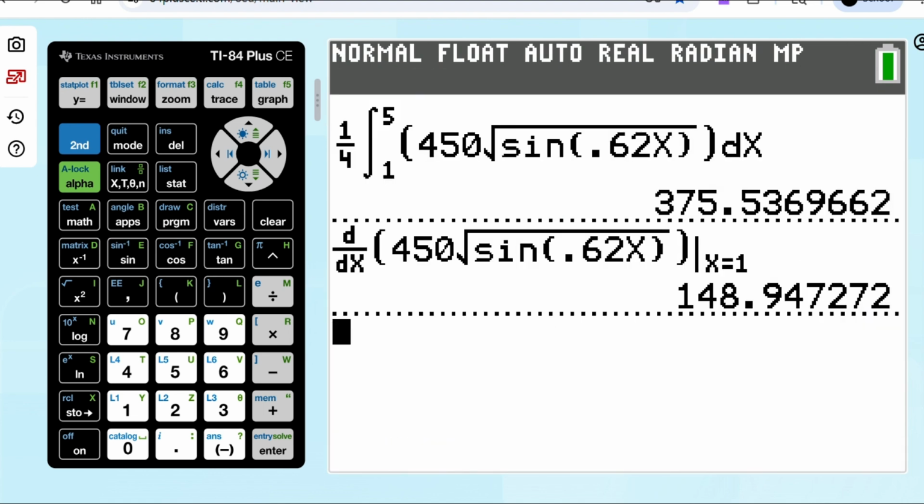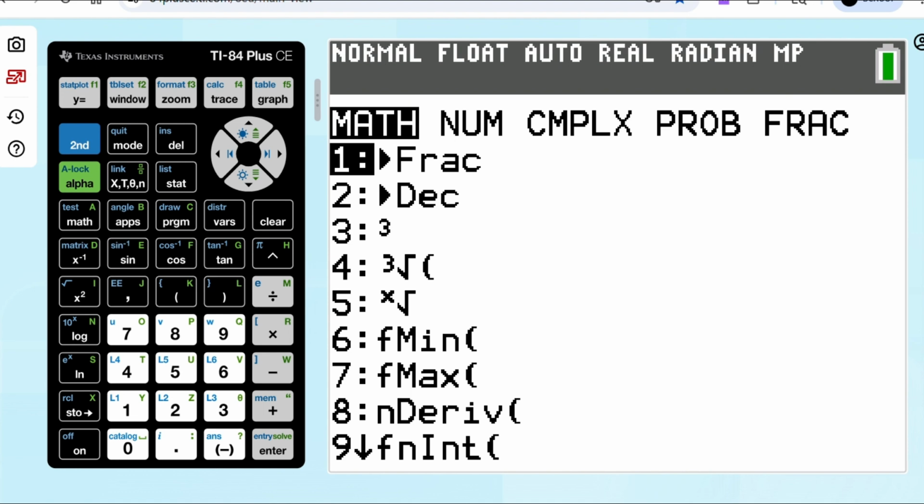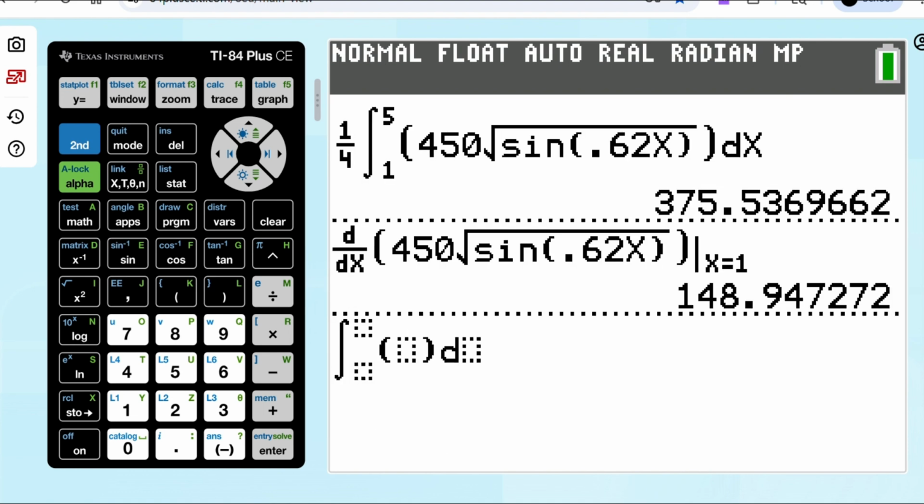We'll go back to our main screen. We'll hit math. We'll hit option 9 down here. And we want from a to b. So that was 1.4693713, I believe.